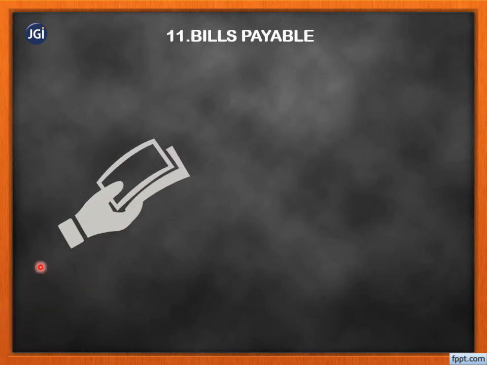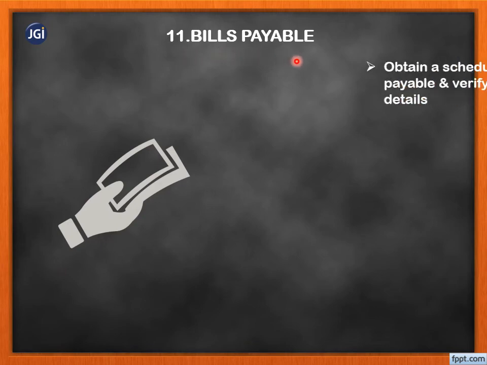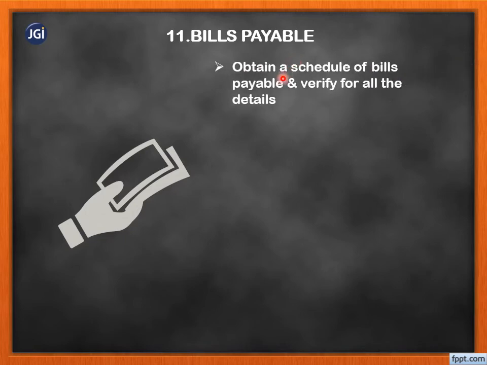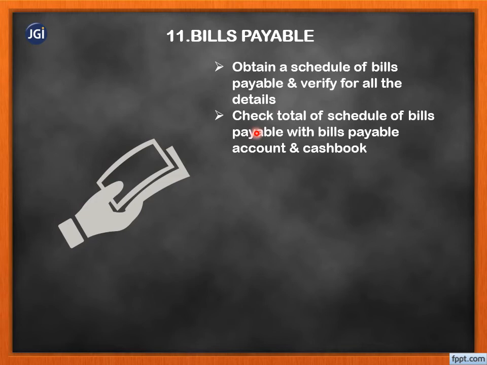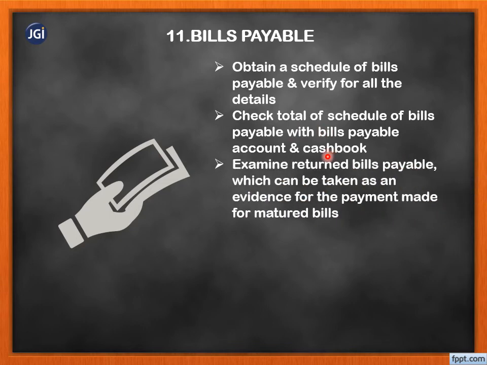Now we have bills payable. Bills payable are recorded on the liability side of the balance sheet and it is a current liability. An auditor should obtain a schedule of bills payable and verify whether the schedule contains all the details of the bills payable. He should check the total of the schedule of the bills payable with the bills payable account and the cash book.